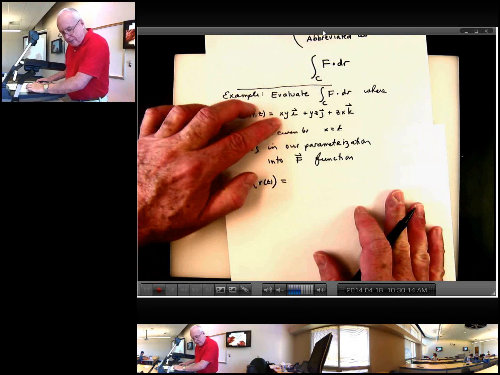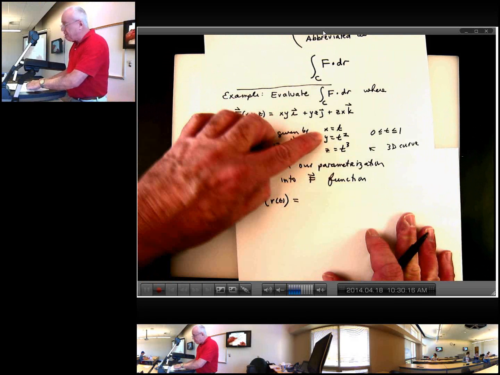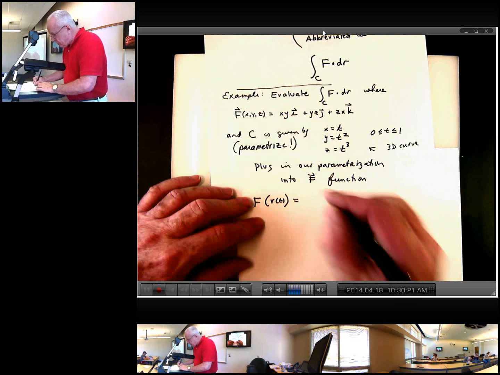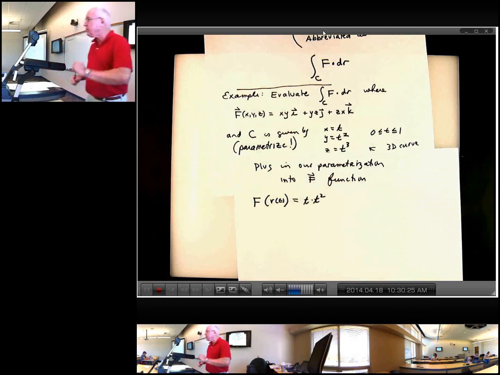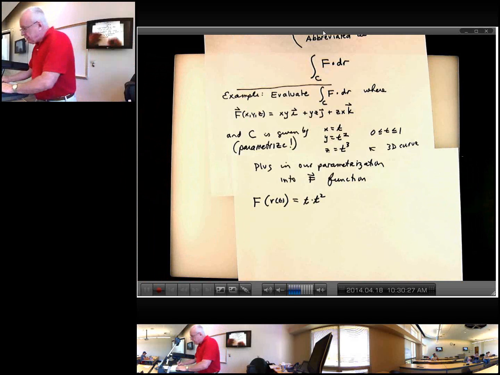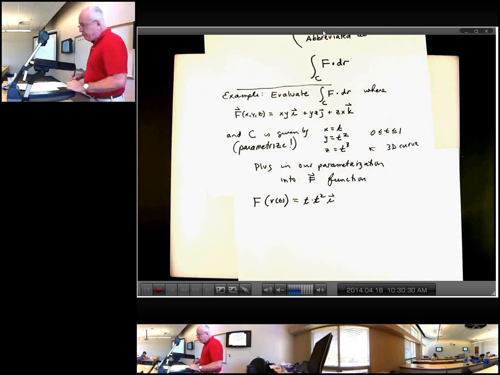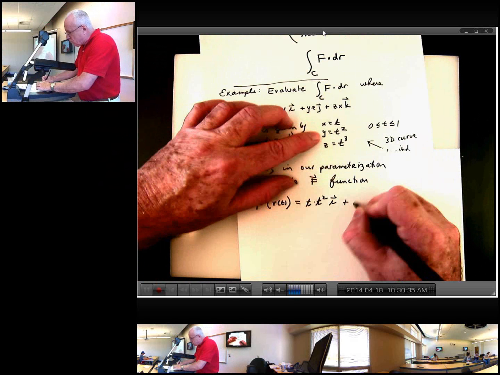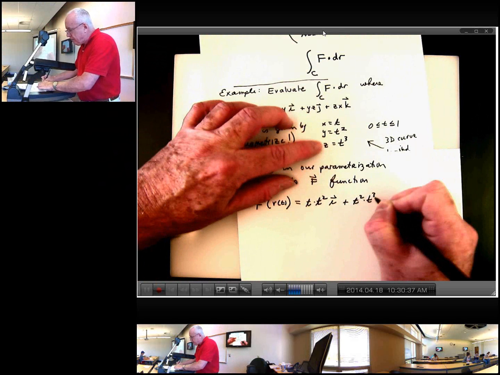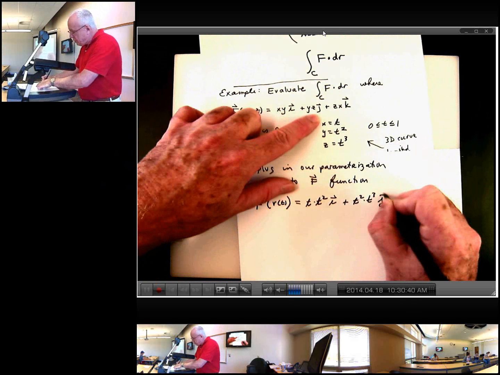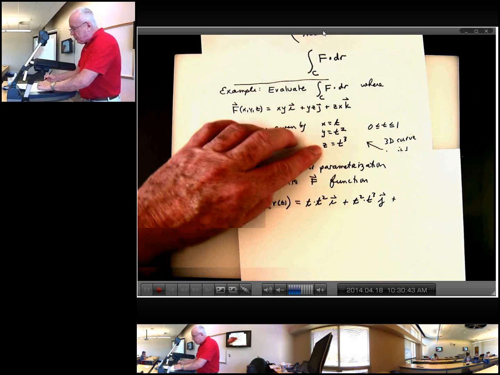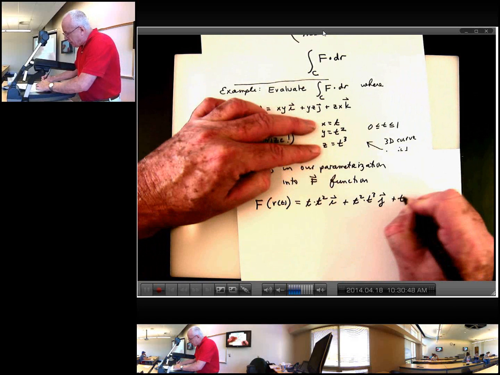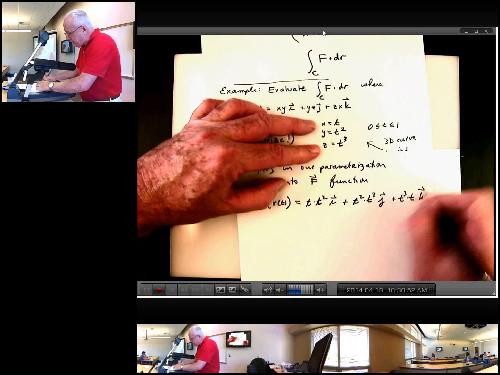First of all, we have x times y. X is given by t, y is given by t squared. So this is t times t squared, which ends up being t to the third power, times the i vector, plus y times z. Y is t squared, z is t to the third, and that's times the j vector, plus z times x. Z is t to the third, x is t, so that's t to the third times t, times the k vector.